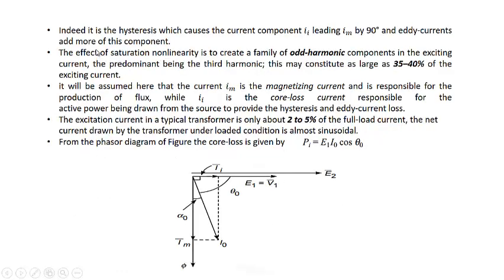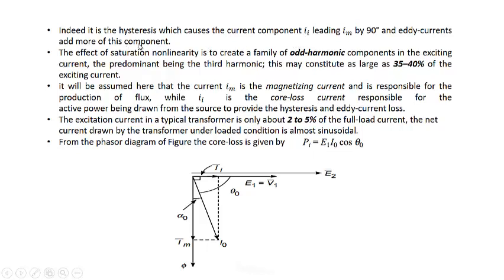Now, the hysteresis causes the current component II leading Im by 90 degrees, and eddy current adds more of its component, because eddy current will also have the form of power loss. So as I have told you, power loss will be considered to be done by a current which is in phase with the voltage. So eddy current will also add some component of the current in phase with this II, so that it will be slightly increased as compared to the earlier one.